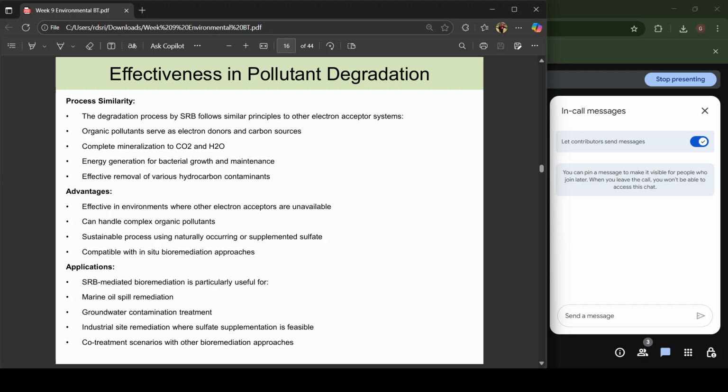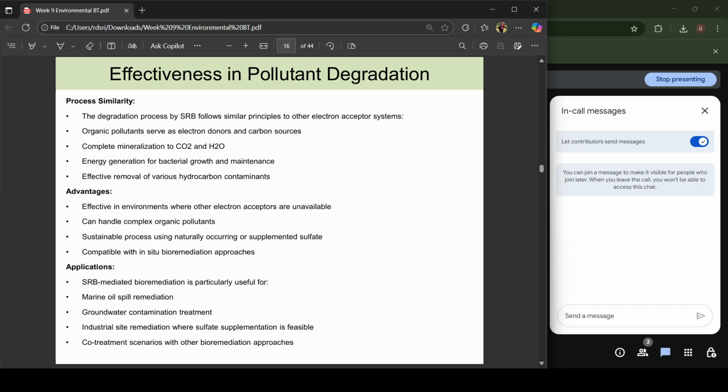This electron transfers through the electron transport system and finally goes to the terminal electron acceptor. In this process, the microorganism gains energy and we attain bioremediation. Some organisms can also lead to complete mineralization to carbon dioxide and hydrogen. So, as told, this process generates energy while simultaneously allowing us to remove the contaminants.